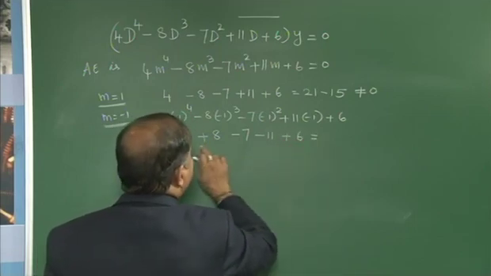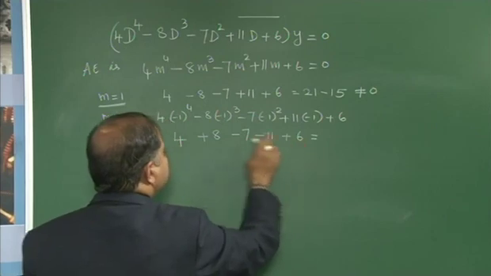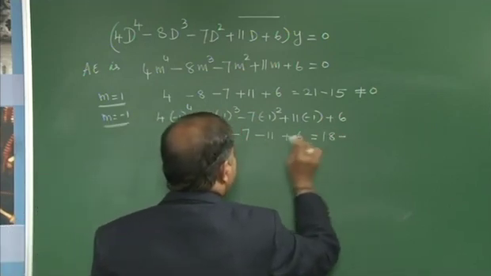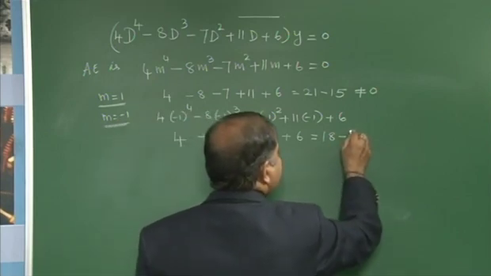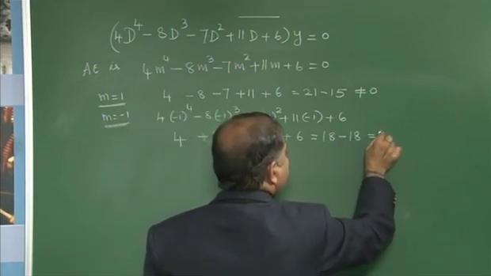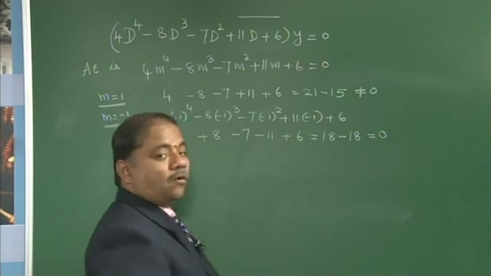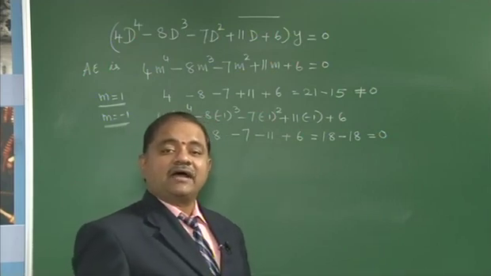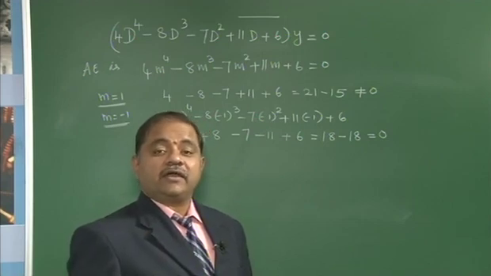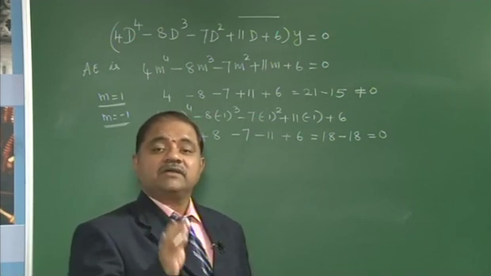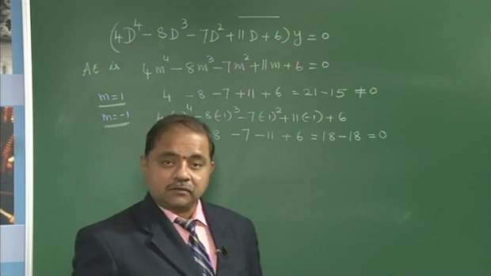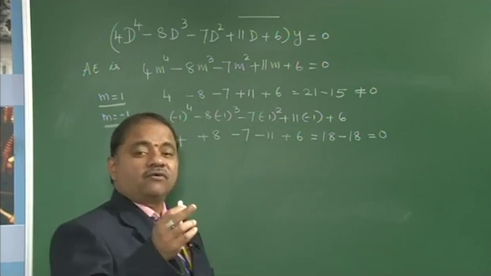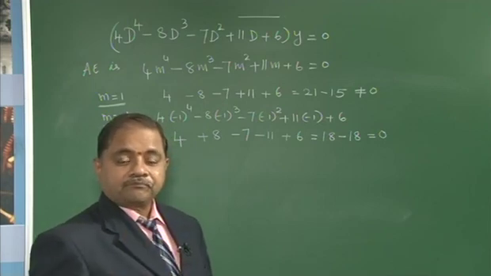Now, the positive values: 6 plus 4, 10, plus 8, 18, minus 11 and 7, that is also 18. So I got the answer 0. If the equation is satisfied, that means I got the answer as 0, then I can say that particular value of m is a root of that equation. So m is equal to minus 1 is a root of the given equation.